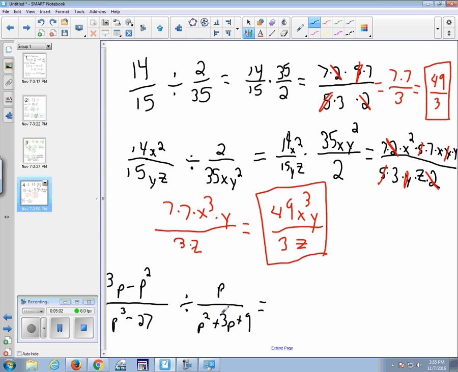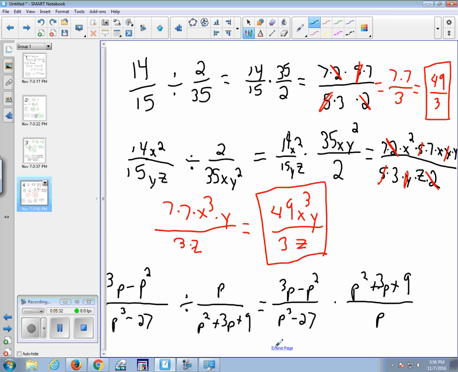Before I even try to start factoring, oh, p cancels out, or factors out here. No, no, no. I need to turn this division into multiplication. 3p minus p squared and p cubed minus 27 are unchanged. It's the second one. So p squared plus 3p plus 9 moves up, and the p moves down.